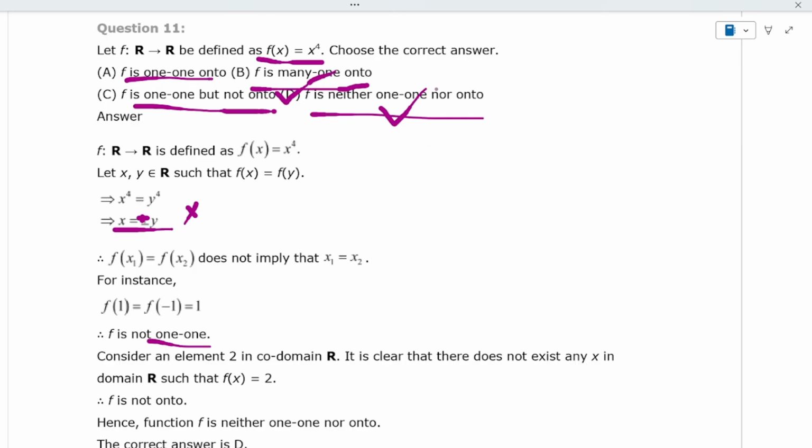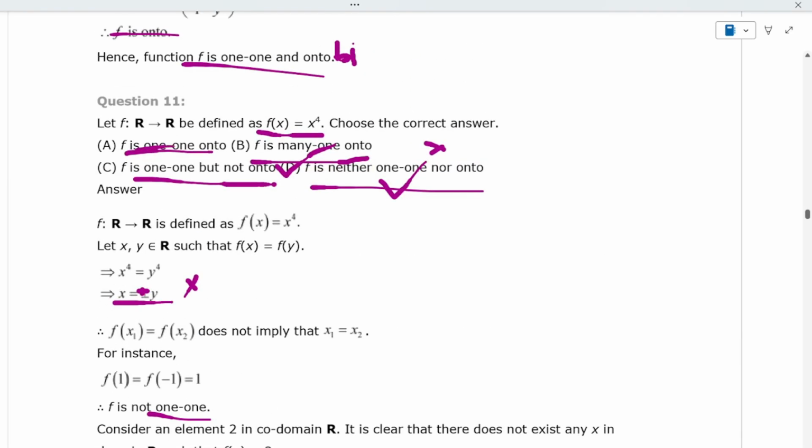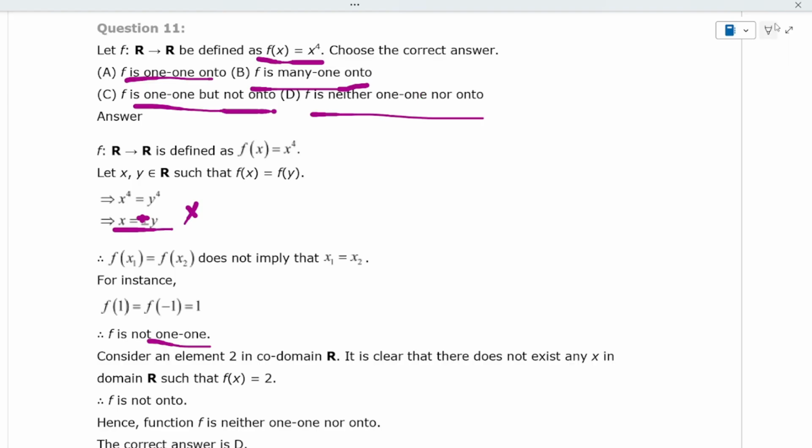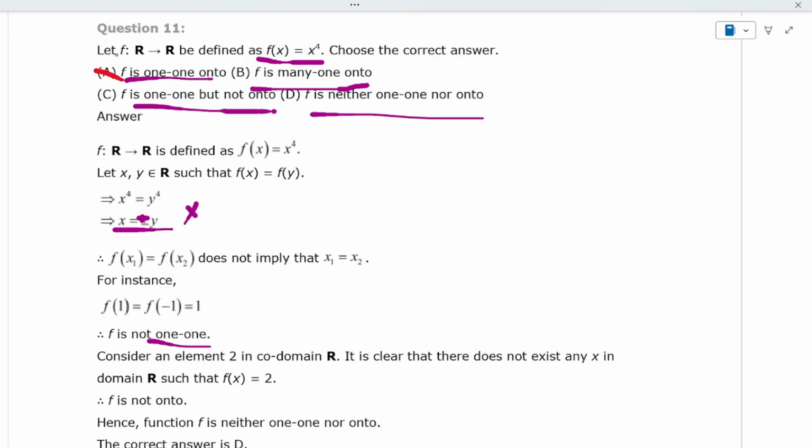Okay, you have to do the elimination method in MCQ. See, here we got the answer as not one-one, right? The options here say one-one, so this is not a possible answer at all. Now see, this is not possible because they have given one-one. This also they have given one-one, so this is not possible.